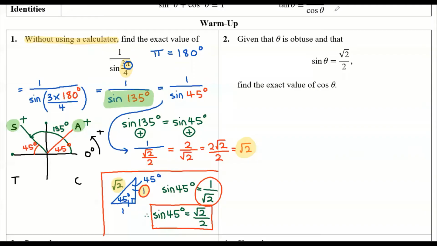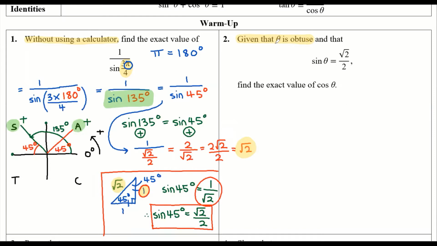Now, for question 2, it states, first of all, that theta that we're interested in is obtuse. So it's an angle between 90 degrees and 180 degrees, excluding both of them. Now, what I'm going to do for this question is use the CAST diagram again later. But first I just want to establish what cos of theta is for an acute angle.